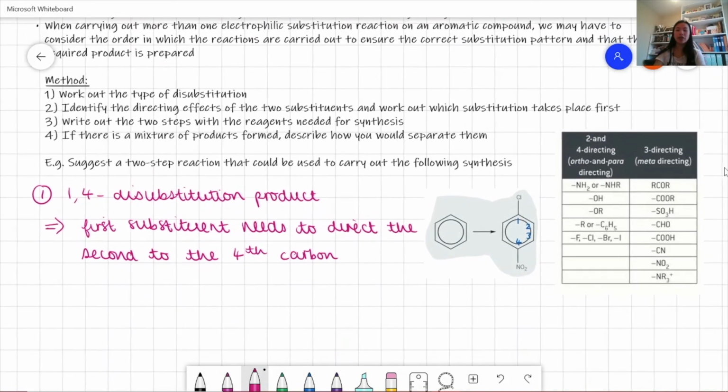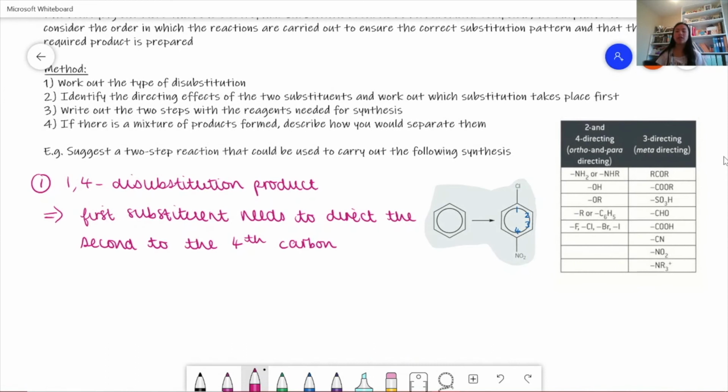And then for step 2, we identify the directing effects of these 2 substituents and then work out which one takes place first. So now we use the table. For the chlorine, we have that chlorine is a 2 and 4 directing substituent group.